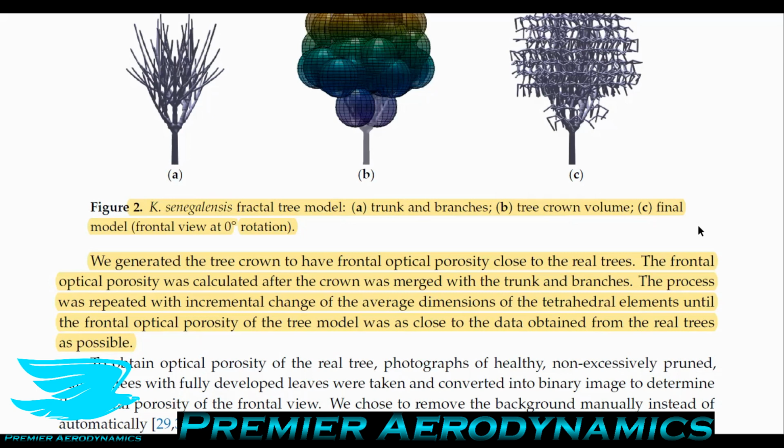But what I think it is, optical porosity is the projection of the 3D object onto a 2D surface and seeing how much porosity there is from there. Whereas the aerodynamic porosity is a volume-based porosity. So the optical porosity is more like a 2D-based porosity, whereas the aerodynamic porosity is more like a 3D-based porosity. That's what I think, from what I can tell.